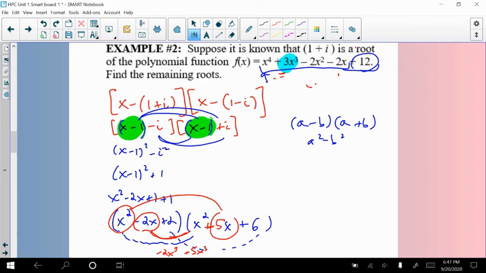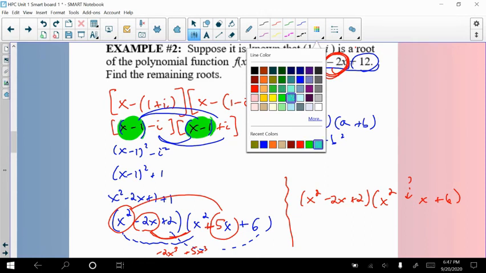Now, let's say you were counting x's, right? We would have obtained the same thing. Think about this for a second. Here's where we were, x squared minus 2x plus 2. And then this was x squared and some unknown x's plus 6, right? So we don't know how many go here. But what if you look at this negative 2x here for a second? Where would the x's come from in our problem down here?